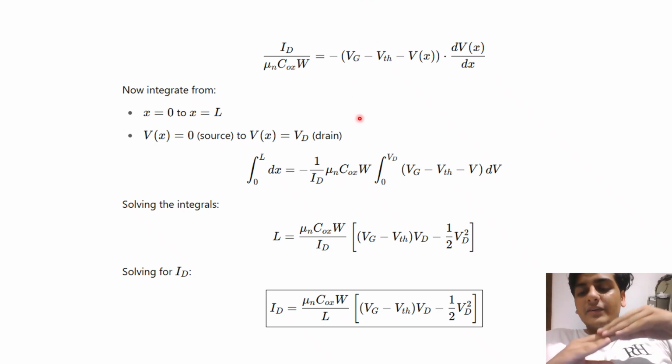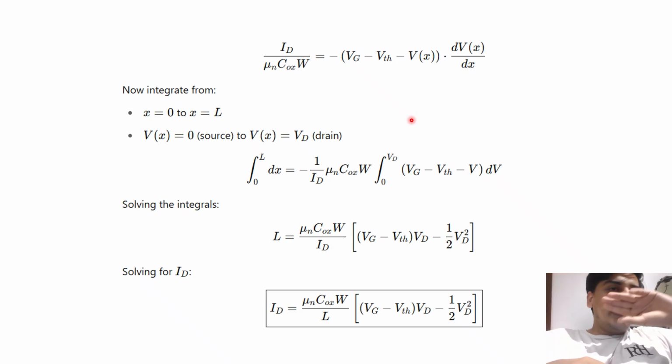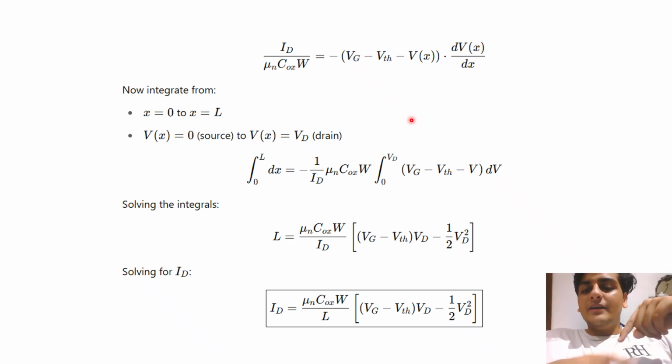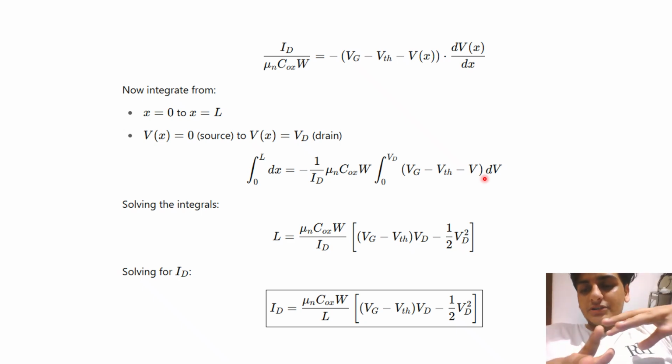What that nullification means is that your channel gets pinched off at that point, or no longer has charge in the channel. Beyond that point, if you increase your drain voltage, you don't get more current because your channel itself gets pinched off. That is why at that point you have saturation. We'll look at all of this again in the graph on the next slide.